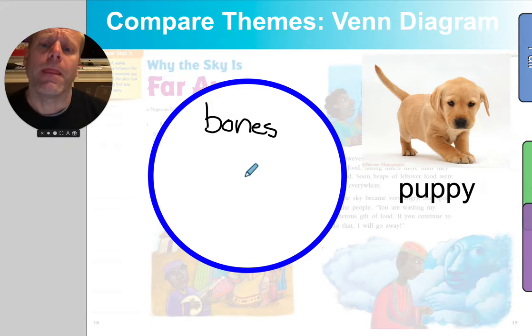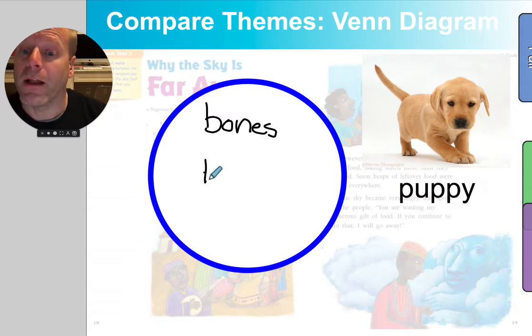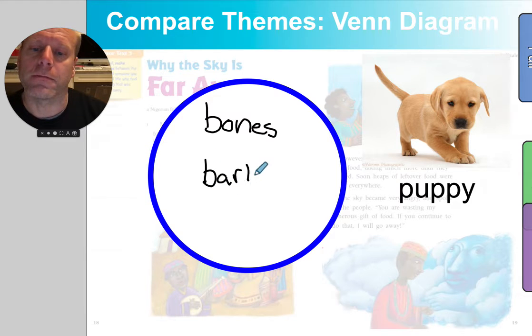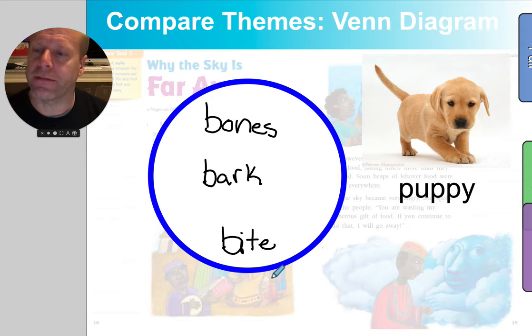Yep. How about this? What do puppies sound like? Yeah, they bark. And then what do puppies do if they're scared or if they're trying to defend themselves? Yeah, they might bite, right? Yeah. So these two animals are different.